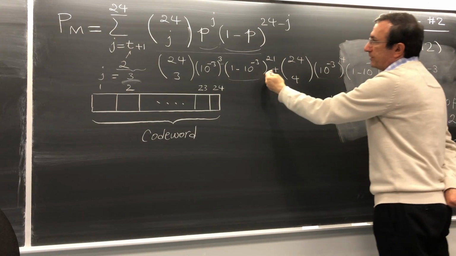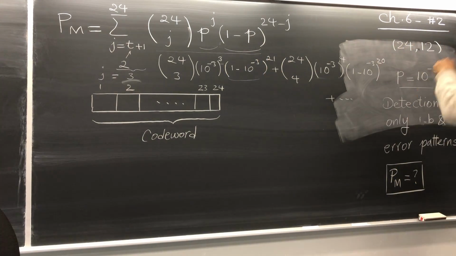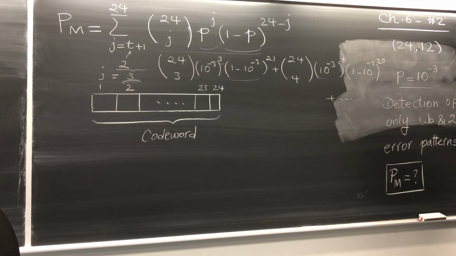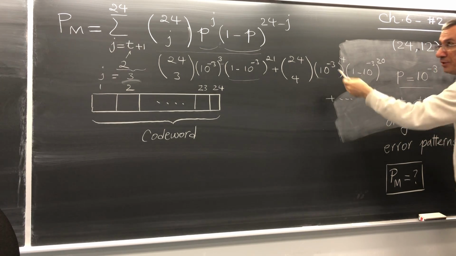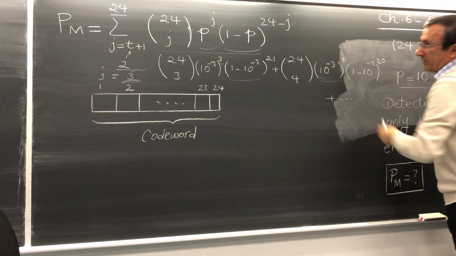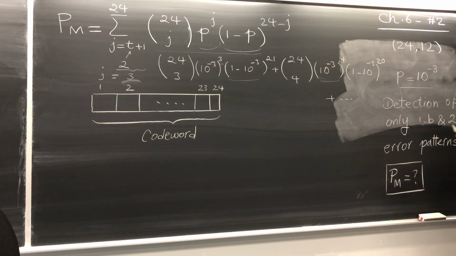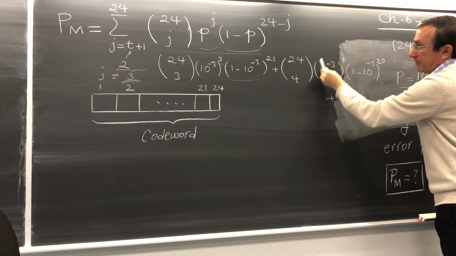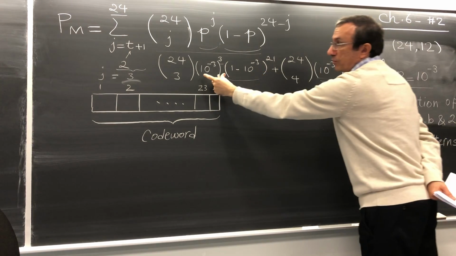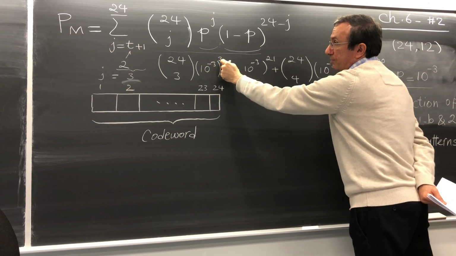So we can just simply approximate the second parenthesis to 1. How about this one? We know that the very first term is a very small number. How about the second term compared to the first one? Now that very small number is multiplied by 1 more 10 to the negative 3 compared to this one, right? So we have 10 to the negative 3 to the power of 3.